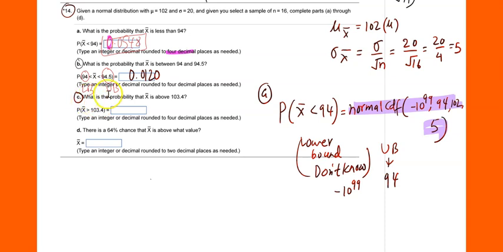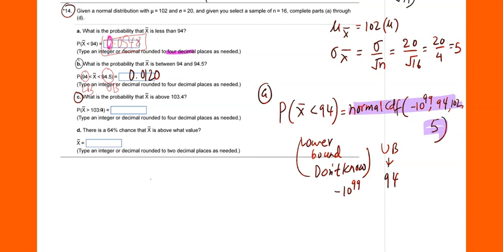Part C, what is the probability that x bar is above 103.4? Therefore we are looking for the probability of x bar greater than 103.4. Notice that 103.4 is the lower bound here because we are in the greater direction. How big x bar goes, we don't know.